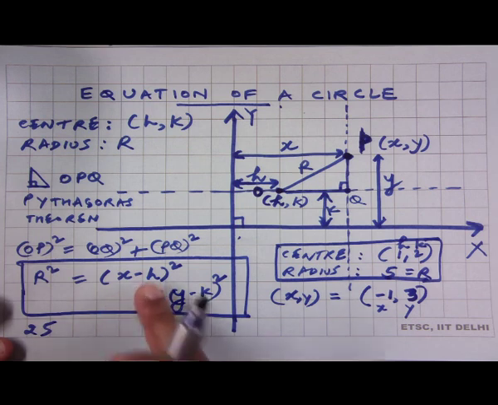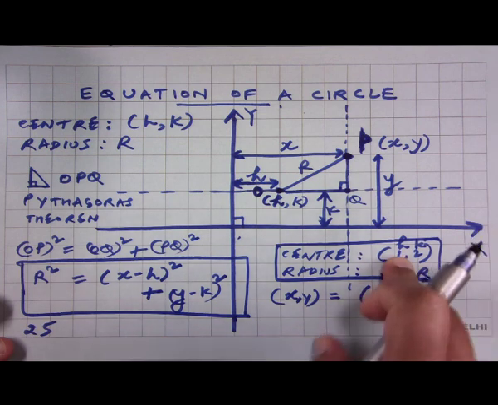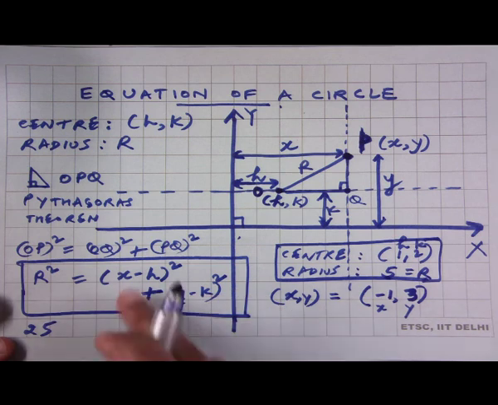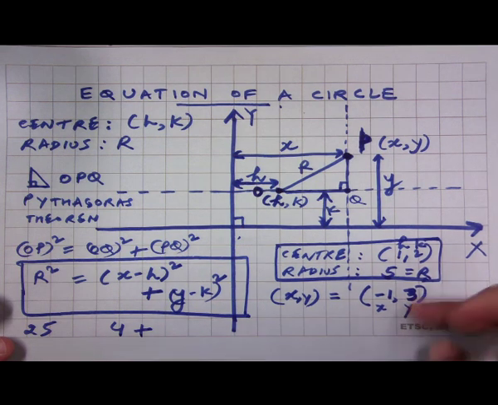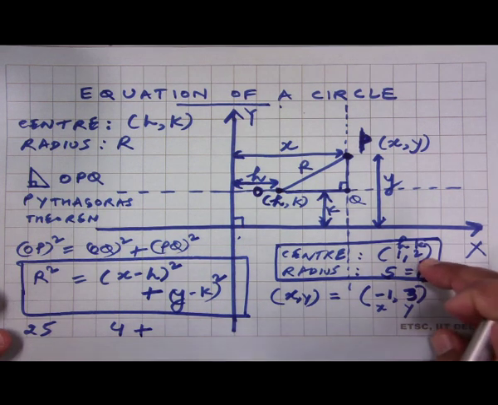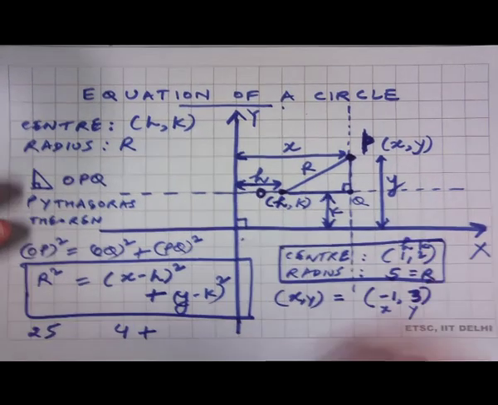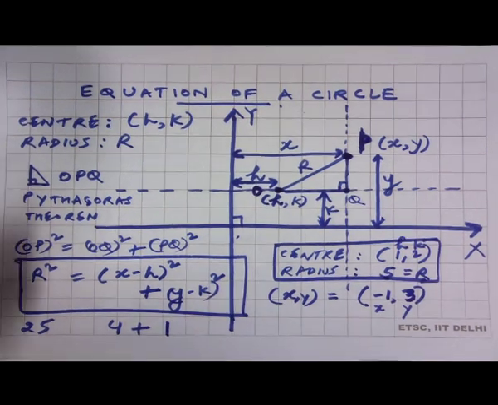On the right hand side we have x minus h, so -1 minus 1, which is -2. So -2 square is 4, and y minus k, 3 minus 2.